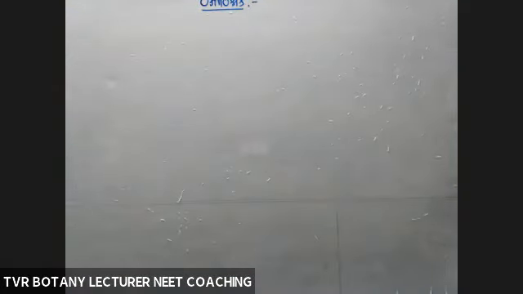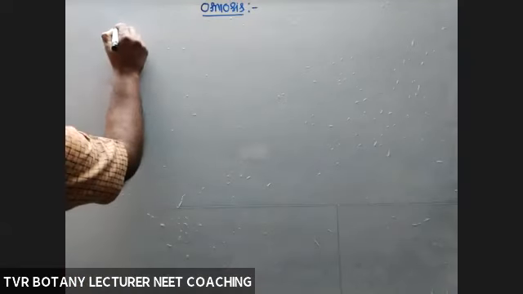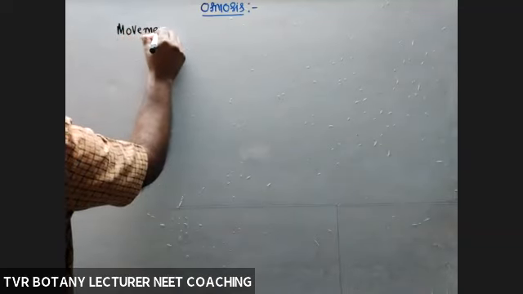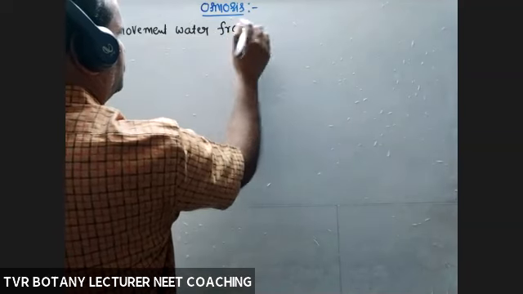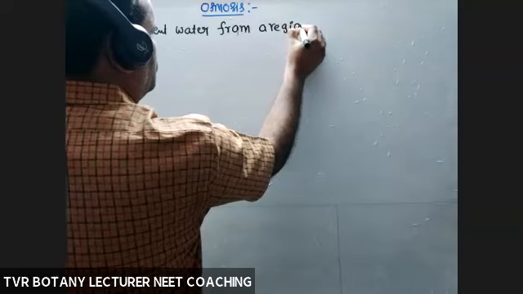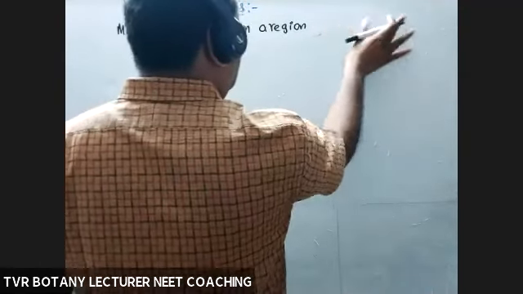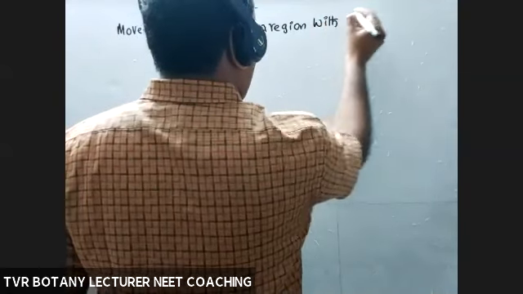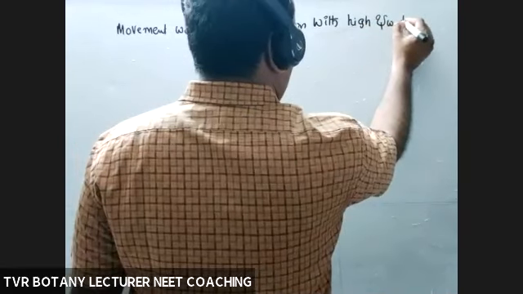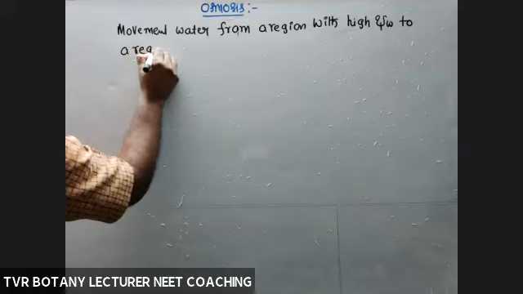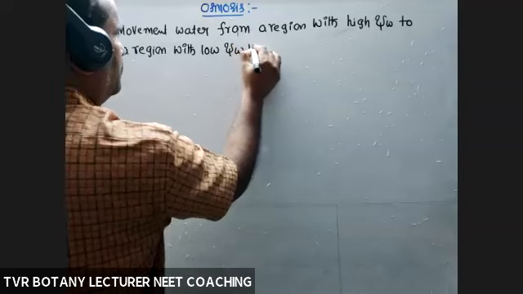So what are the possible definitions for osmosis? So movement of water from a region with a high psi W value to a region with a low psi W value.